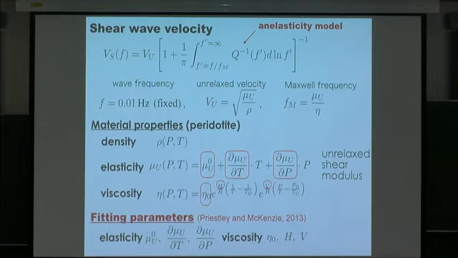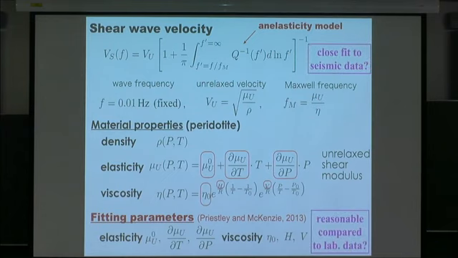So the applicability of the model is tested by how close the fit to seismic data is and how reasonable the obtained fitting parameters are compared to the laboratory data.